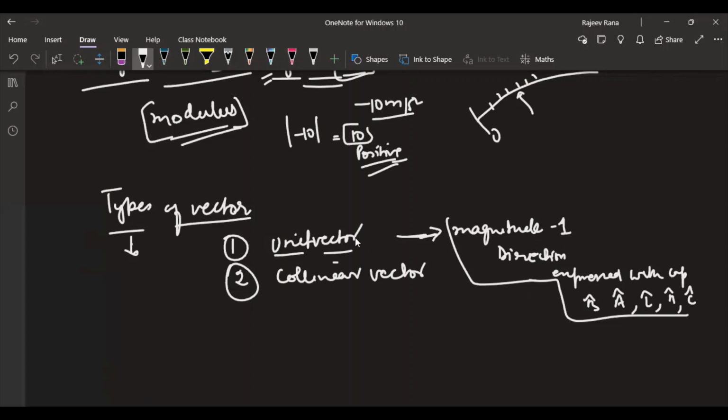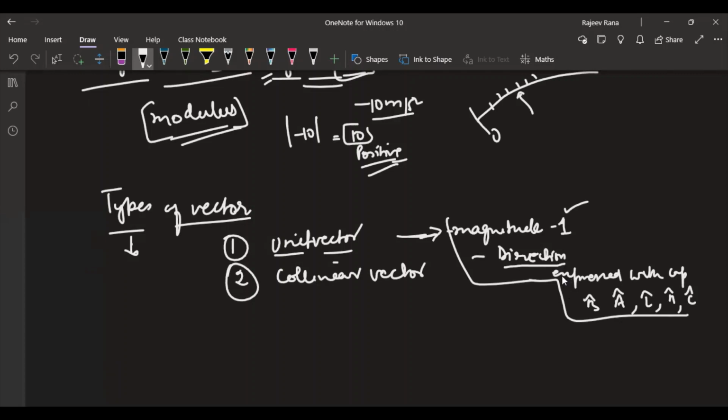If it is a unit vector of distance, 1 meter. If it is a unit vector of velocity, 1 meter per second. If it is a unit vector of density, 1 gram per cubic centimeter. So a unit vector will always have a magnitude of 1, and it has a direction.